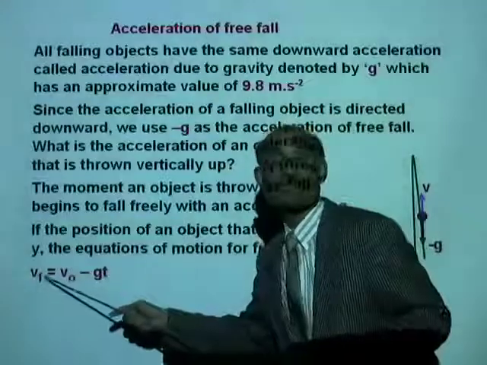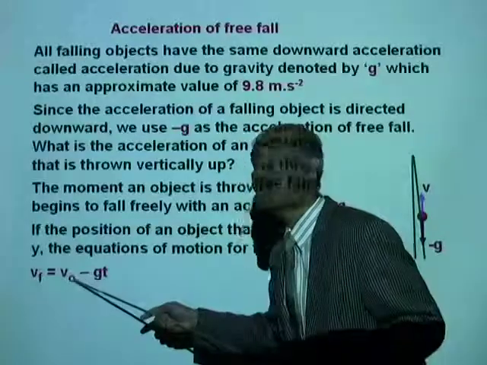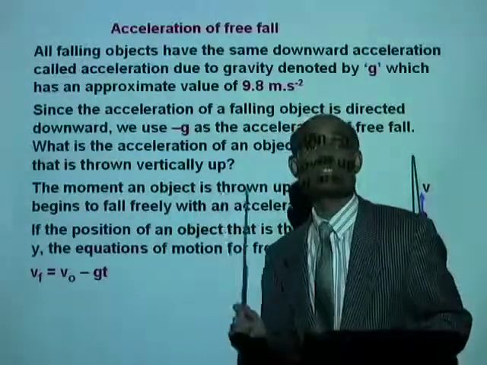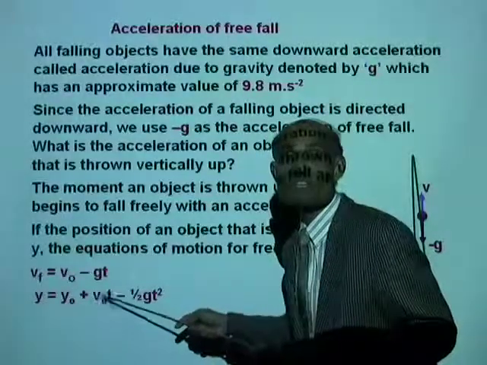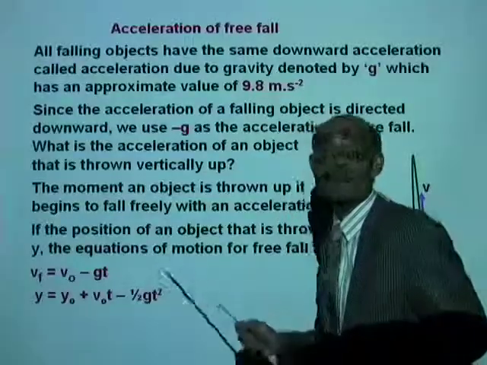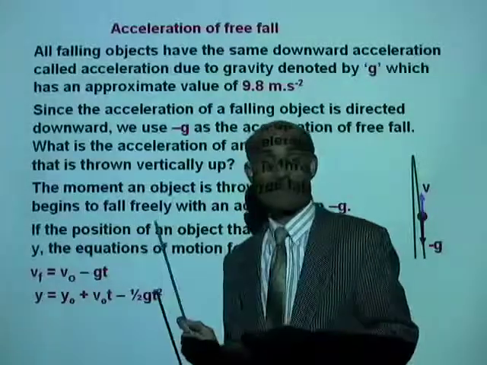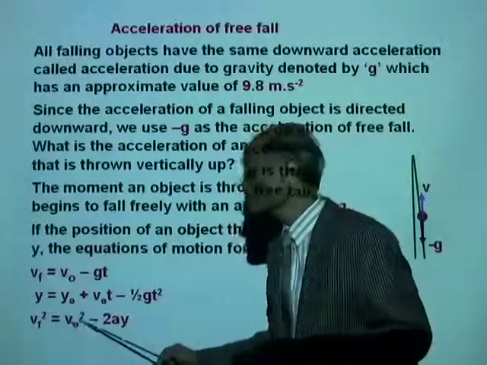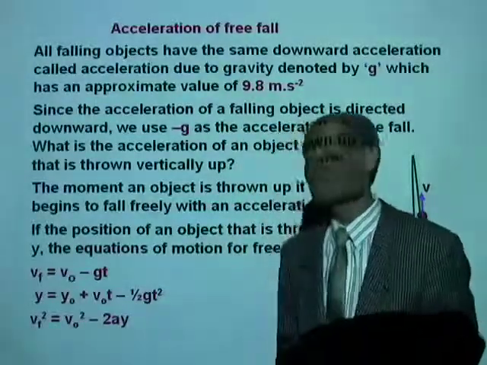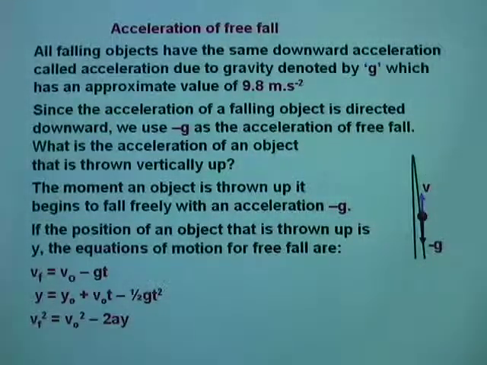So the first equation for a freely falling object is Vf equal to v0 minus gt. y equal to y0 plus v0t minus 1/2 gt squared. I hope you understand why I'm using y and not x. And what will be my third equation? Vf squared equal to v0 squared minus 2gy. Look at that, I forgot to change that a to g. It'll be minus 2gy.